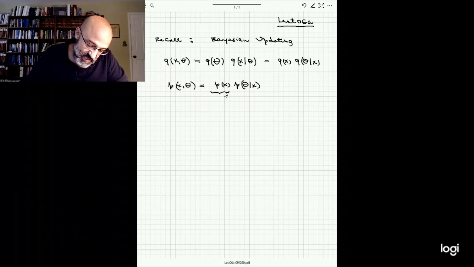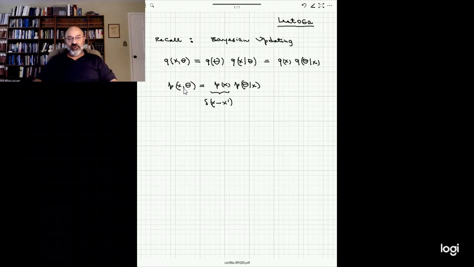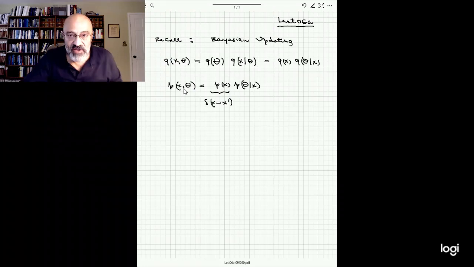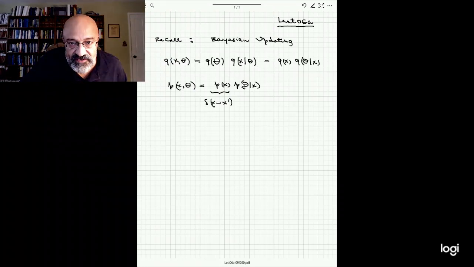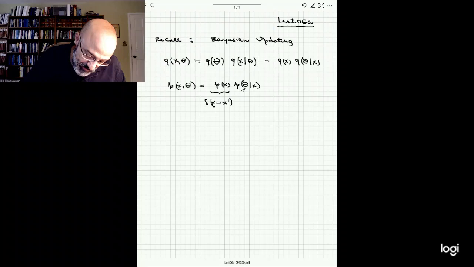So we say this joint posterior is constrained to tell us that now we know the value of x, it's supposed to be equal to x prime. Furthermore, that leaves this other second factor in the product completely undetermined. So we need another principle that tells us what to pick for this.